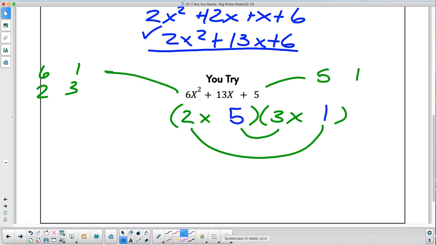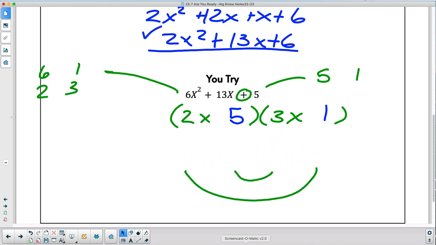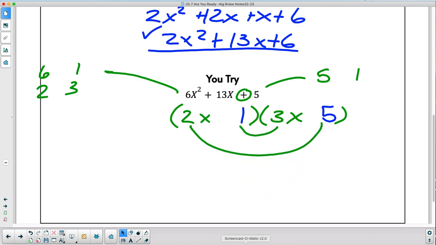Well, that's 17, not 13, and I have to have the same signs. So that won't help me that way, but I could do this. And that's going to be 3 and 10, and if they're the same signs, it'll totally work. Okay, that makes me happy.